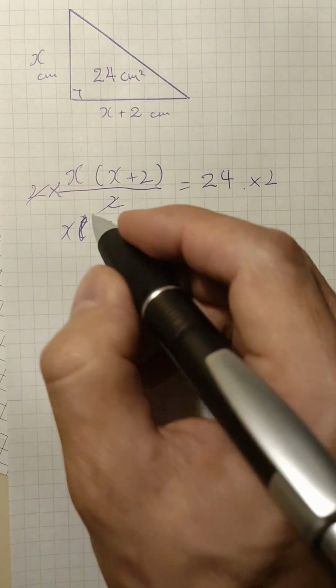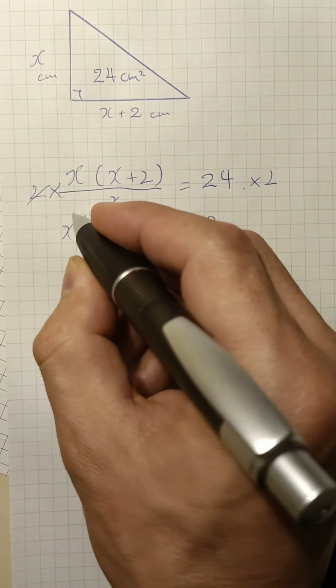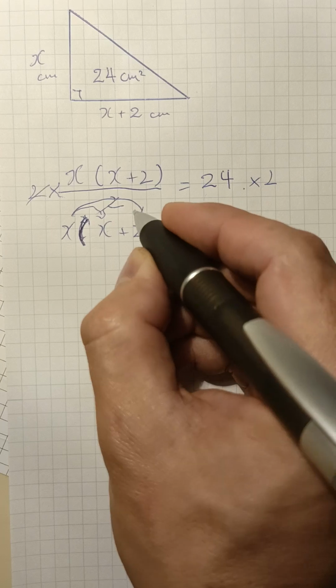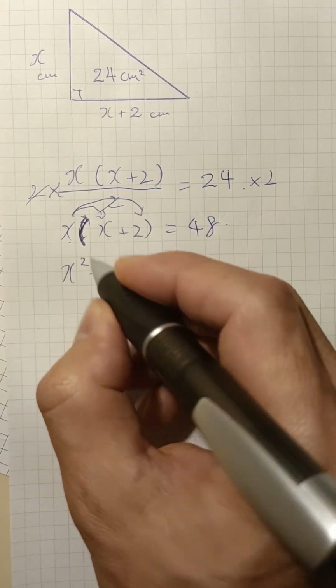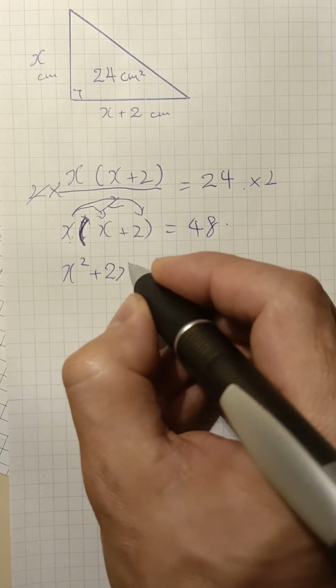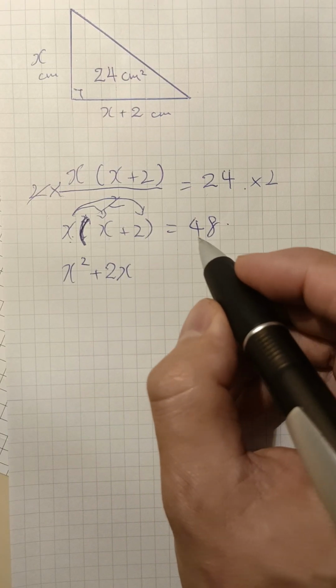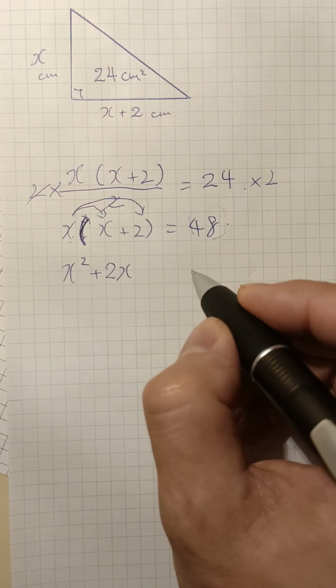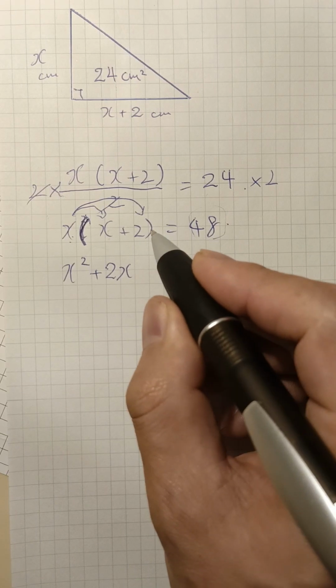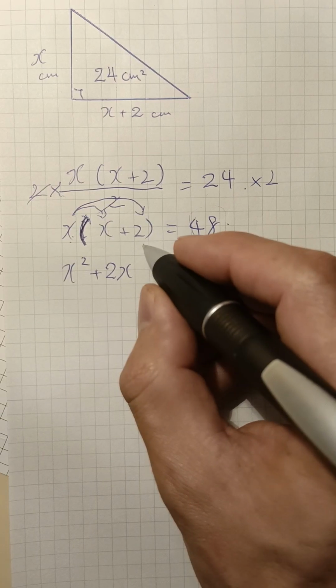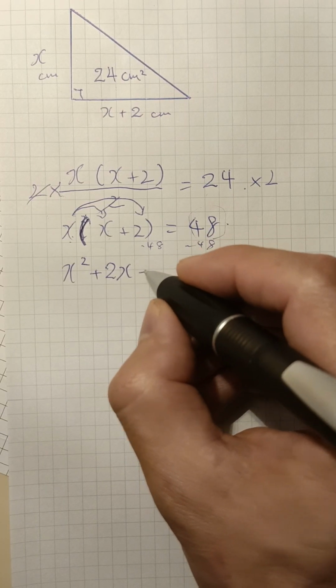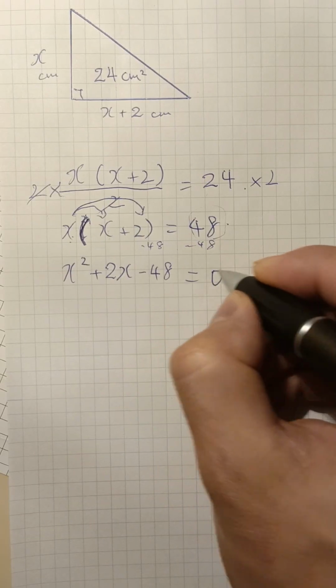Then I will expand this. This means x times x is x squared, plus x times 2 is 2x. And then I move this to the left side, which is take away 48 on both sides, and then equals 0.